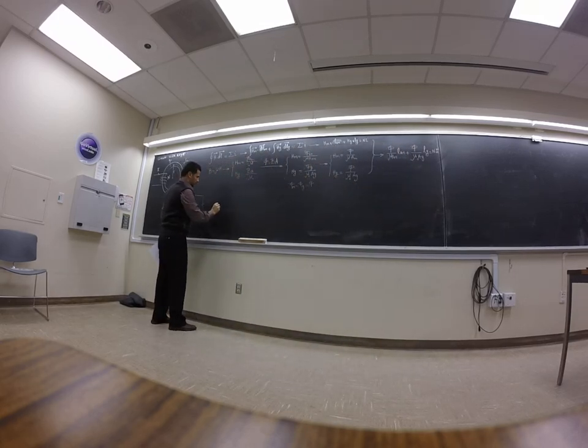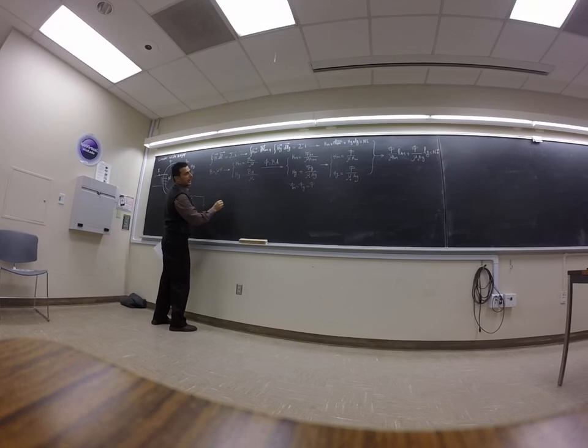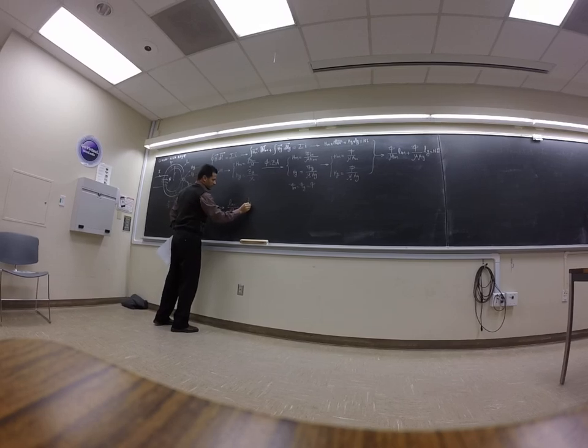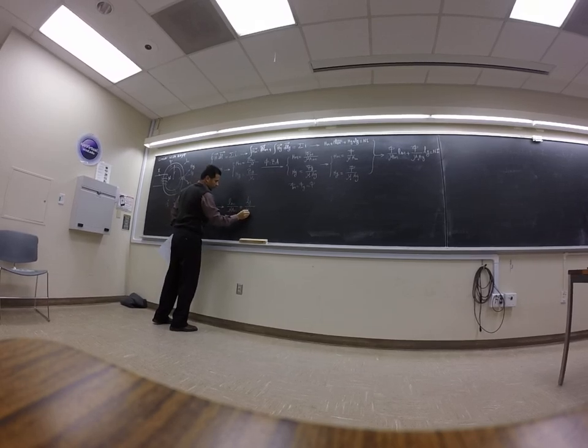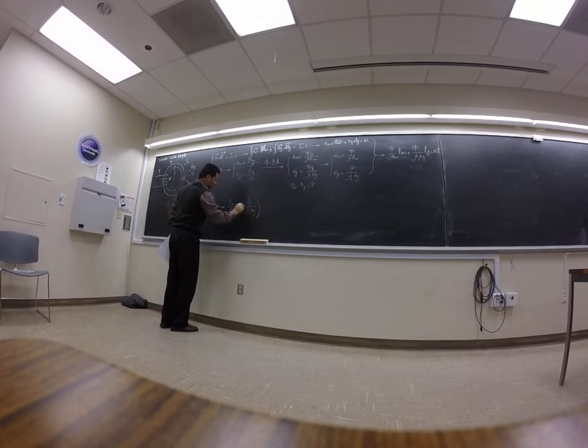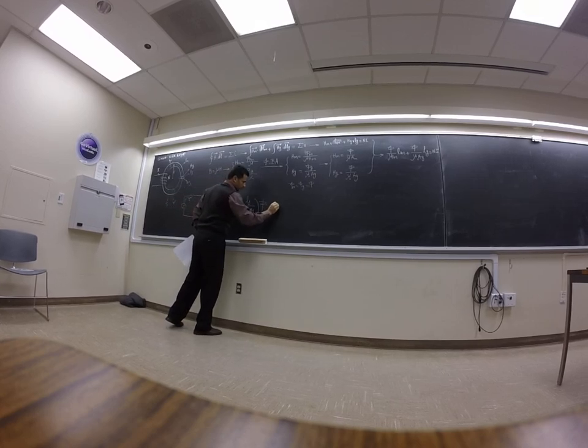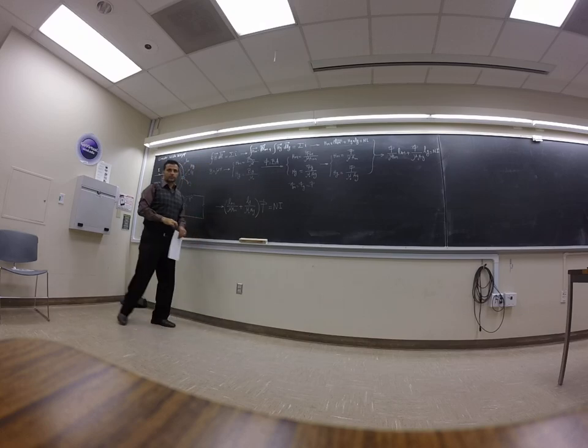Let's put it here. It's going to be Lm over mu Am plus Lg over mu 0 Ag times phi is equal to Ni. Right?